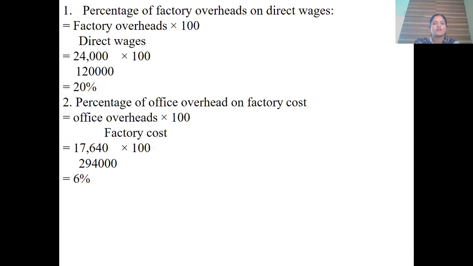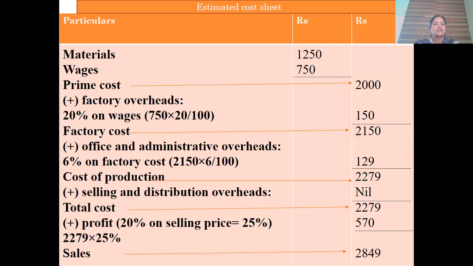See here, we calculated 20% factory overheads on the direct wages. Wages is 750, given in the problem. Calculate 20% on that 750. So 750 into 20 by 100 gives 150. Now if you add 150 to the prime cost, you get the factory cost as 2,150.